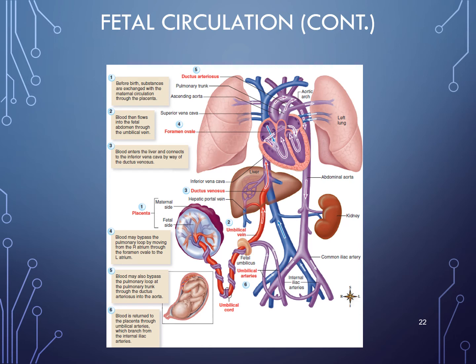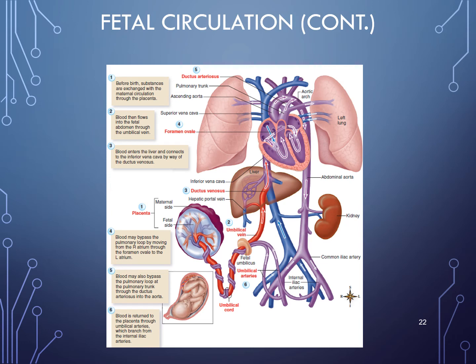So what happens when the fetus starts to develop is the placenta is attached to the wall of the uterus, and mom's blood is in there. And the capillaries of the baby, the fetus, insert themselves into the placenta. Coming off from the placenta is the umbilical cord, and the umbilical cord has one umbilical vein and 2 umbilical arteries.